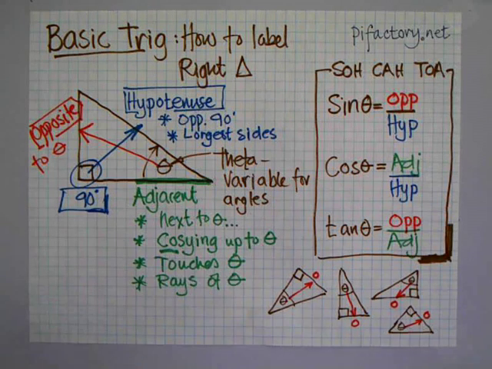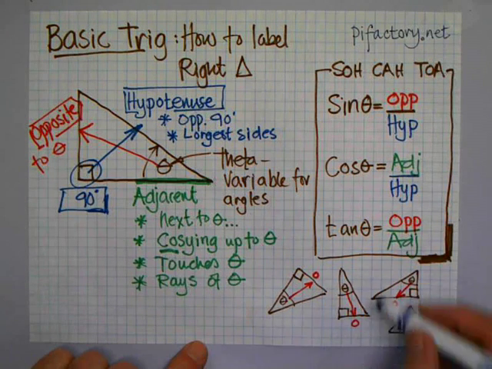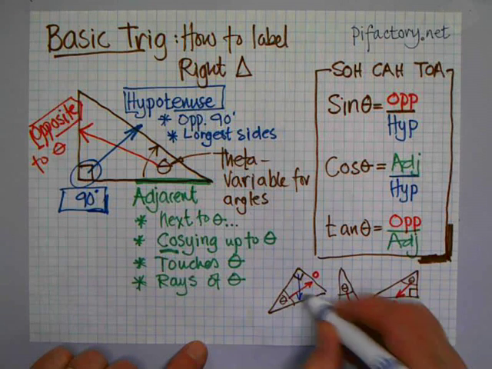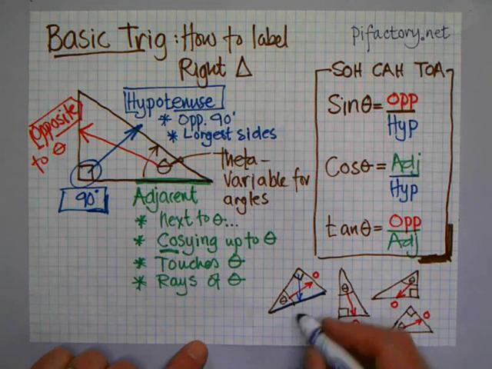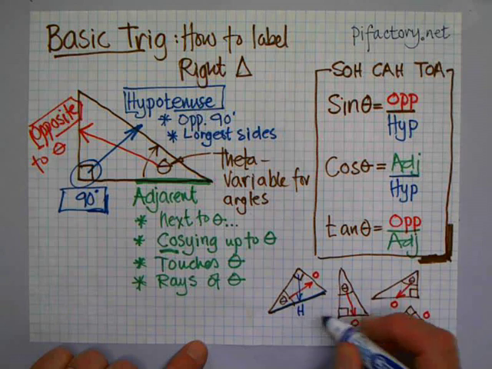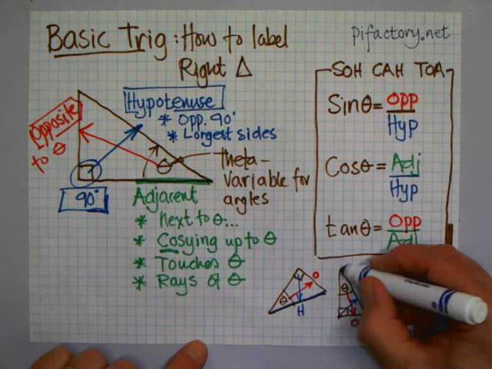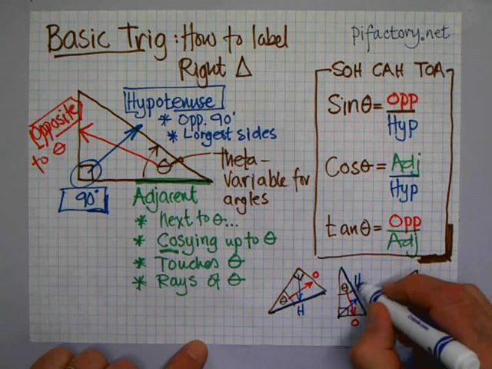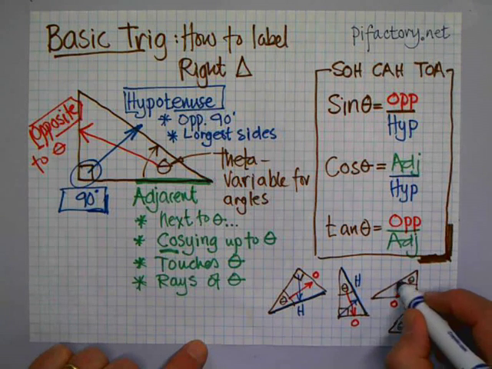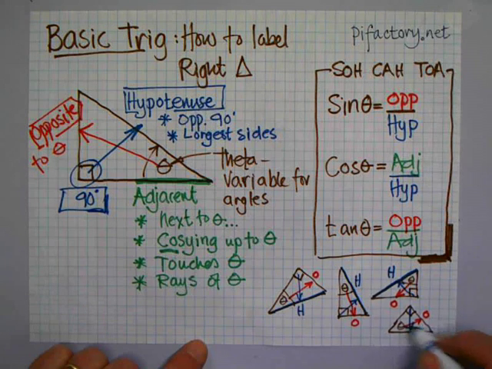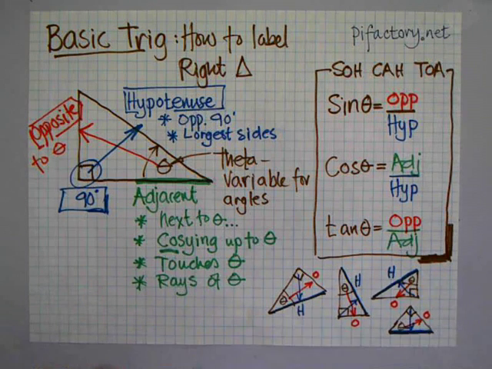Now the adjacent side is the hypotenuse. Best label the hypotenuse sooner rather than later, get it out of the way. It's the one that's clearest to label because it's opposite the right angle. This is the hypotenuse. Hypotenuse. Hypotenuse.